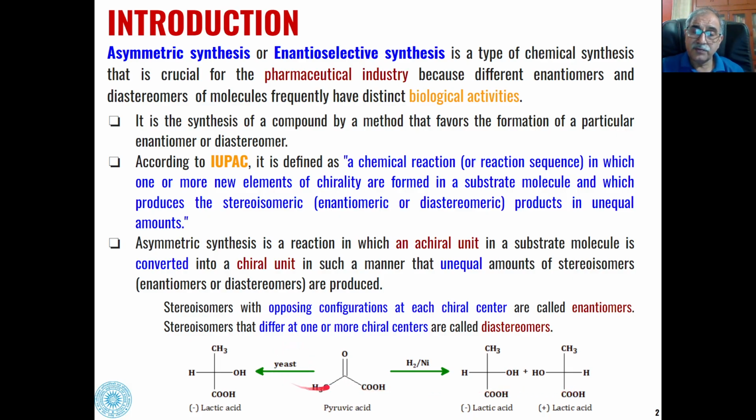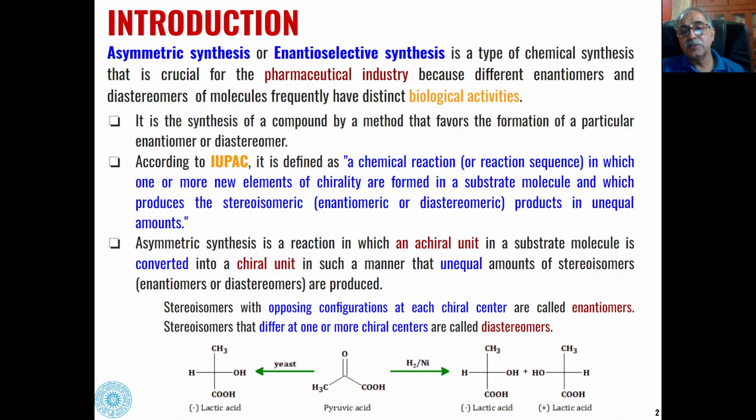Now, similarly, if the same reaction is done in presence of yeast, which we can say is an enzyme catalyzed reaction, then we can see that reduction of pyruvic acid to lactic acid takes place to give us only minus lactic acid. So only one enantiomer of lactic acid is formed. This is an enantiomer specific synthesis, because here one of the enantiomers is not formed in more amount, but only one enantiomer is formed.